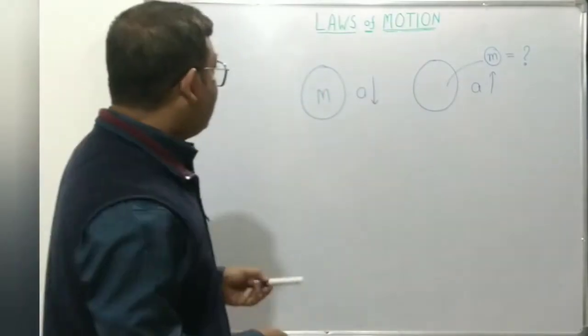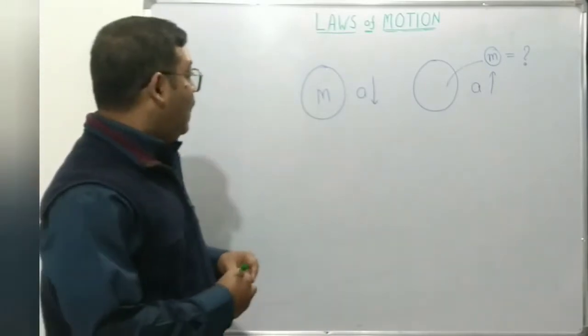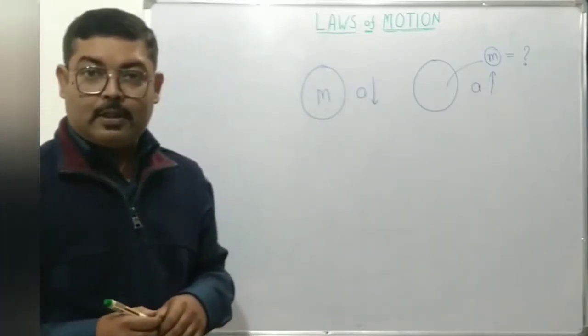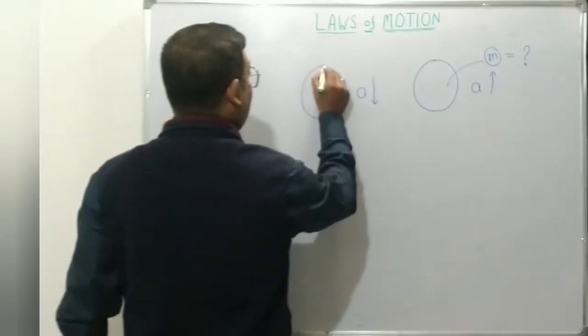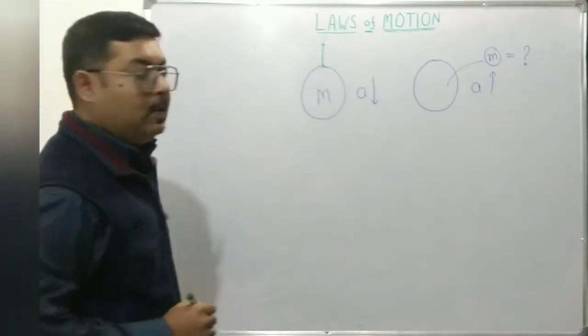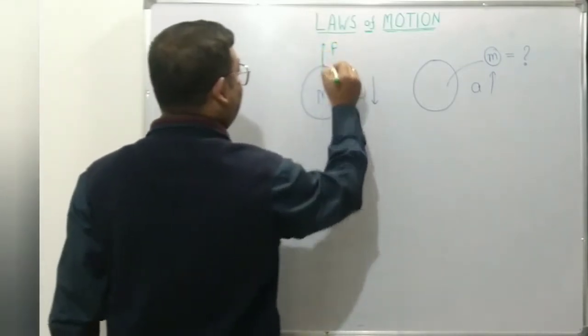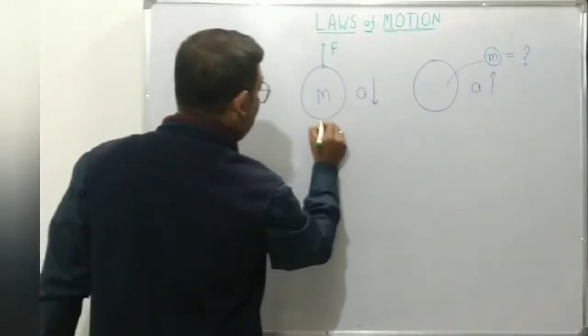To do this, first we need to remember that when an object is released in the air, being a fluid, it will be subjected to an upward thrust due to the buoyancy. So there will be an upward force acting on the balloon. Let's call this F. At the same time, the weight of the balloon is pulling it downwards.